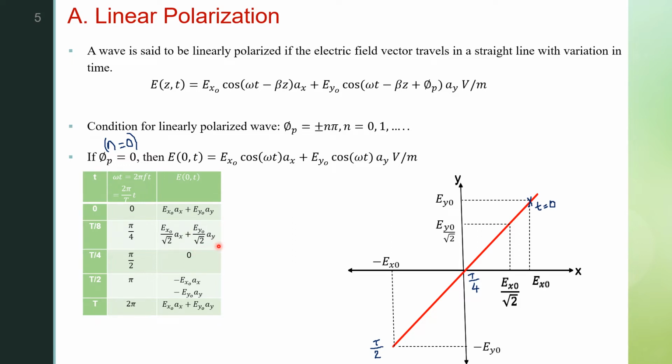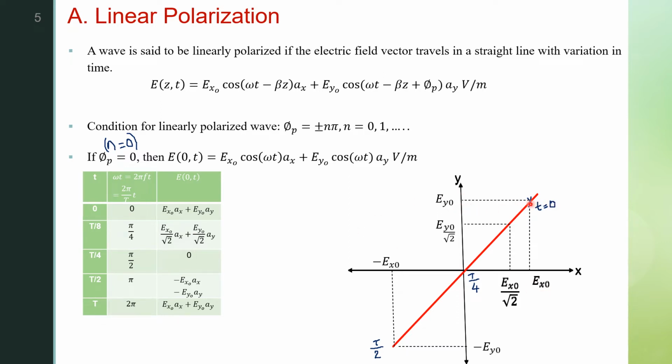Now I want to pause at this particular point. When t equal to 0, what was the magnitude of the electric field? It is Ex0 ax plus Ey0 ay. So let's try to plot it in the graph. We have the x direction and we have the y direction. When t is equal to 0, what is the value of electric field? Along x direction the magnitude was Ex0 and along y direction the magnitude is Ey0.